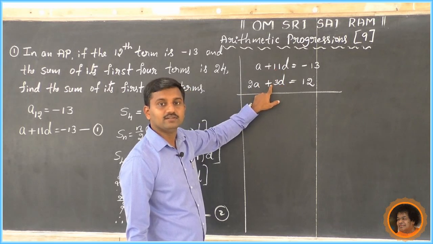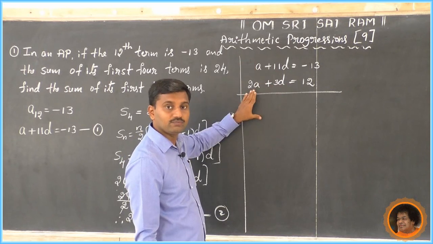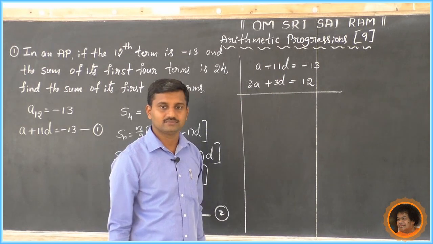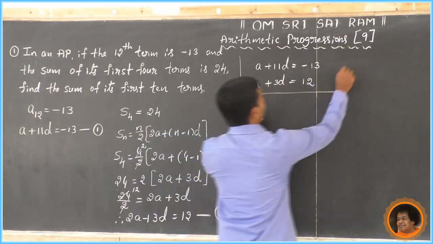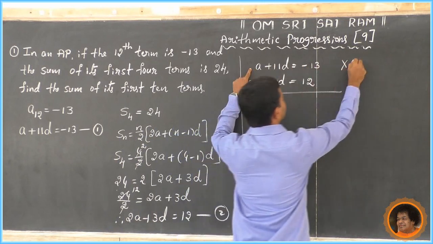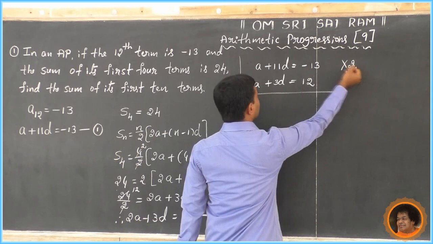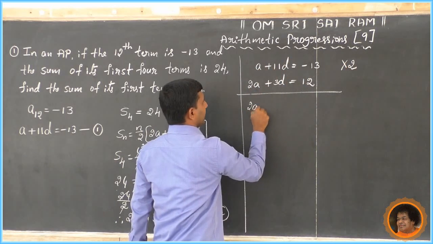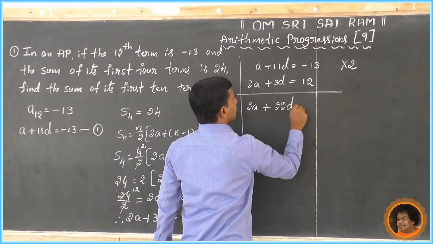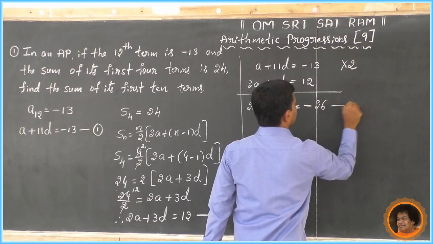First equalize the coefficient of a variable, either a or d. How to equalize? Multiply the first equation throughout by 2. So 2 in each term: 2 into a, that is 2a, plus 2 into 11, 22d, equal to minus 13 into 2, minus 26, equation number 1.